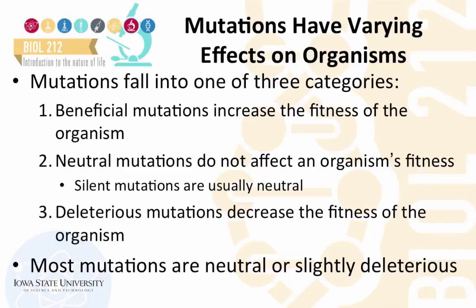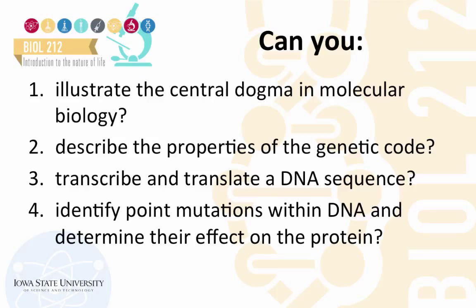Silent mutations are usually neutral. And when the mutations are dangerous or deleterious, they decrease the fitness of the organism, and as a result, the organism has a lower chance of survival. Most mutations inside cells are neutral or slightly harmful. This concludes our section on how genes work.